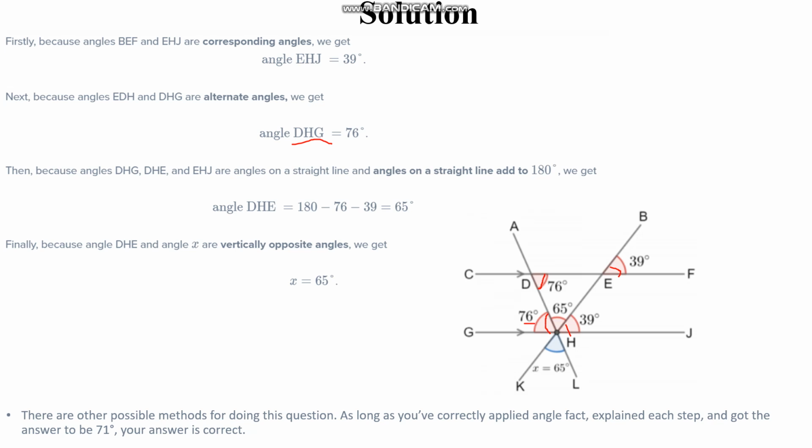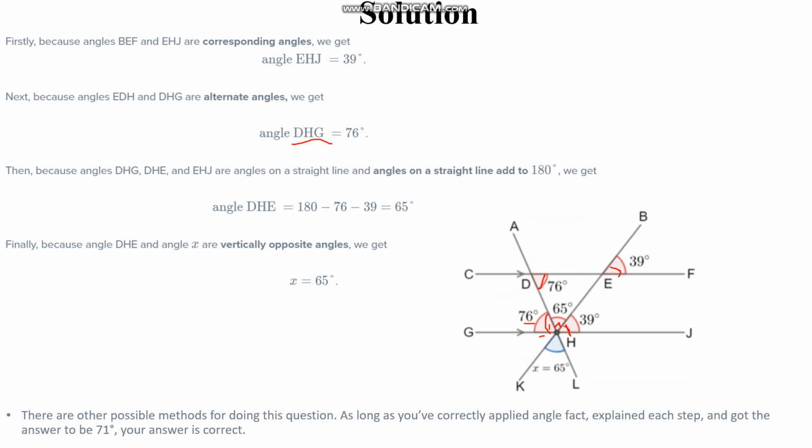And then now we know that the angle DHG, this angle, and the angle DHE, which is this angle in the middle, and the angle EHG, which is this last angle, are angles on a straight line. We know that angles on a straight line add up to 180 degrees.